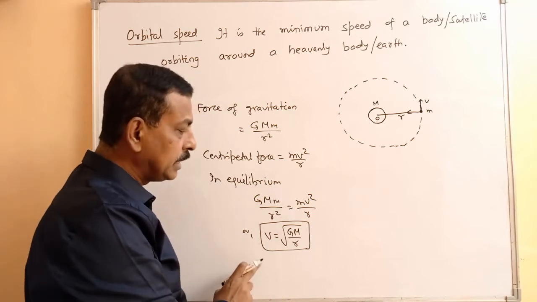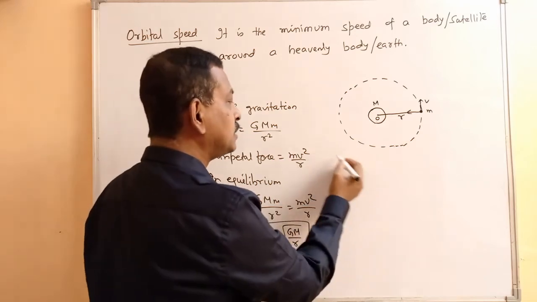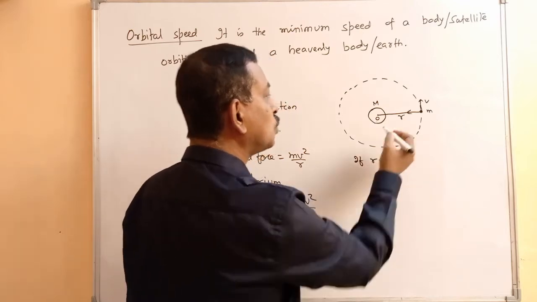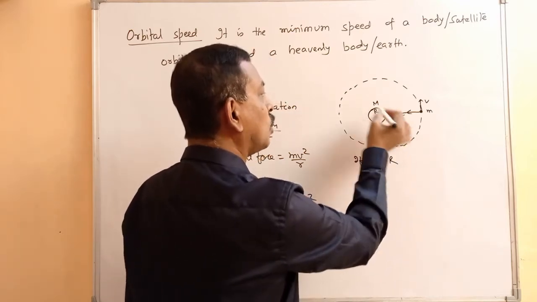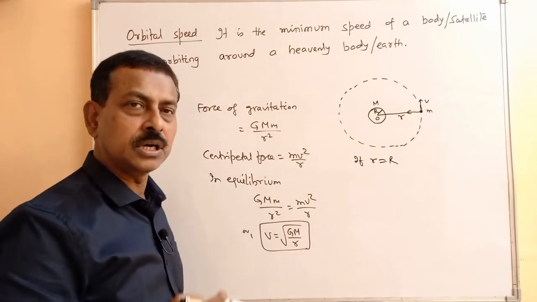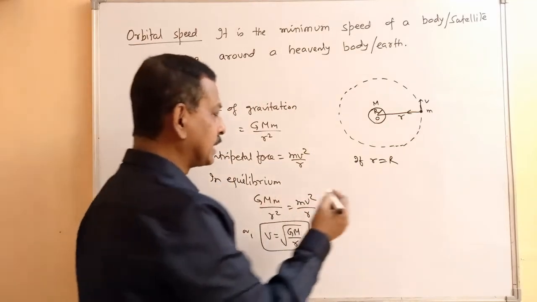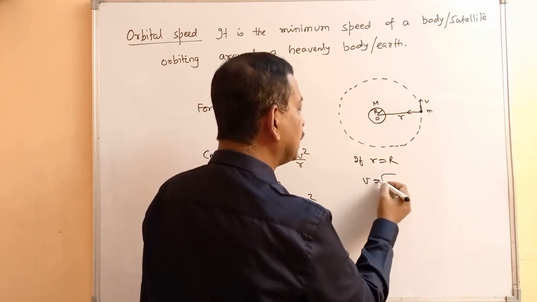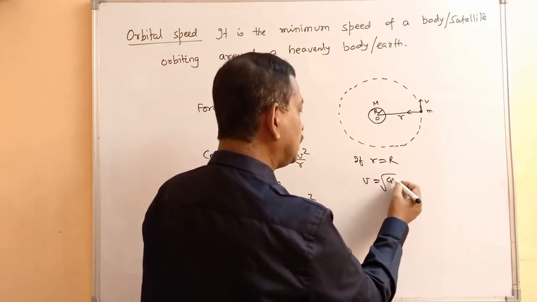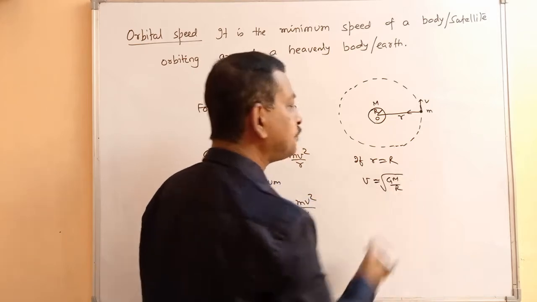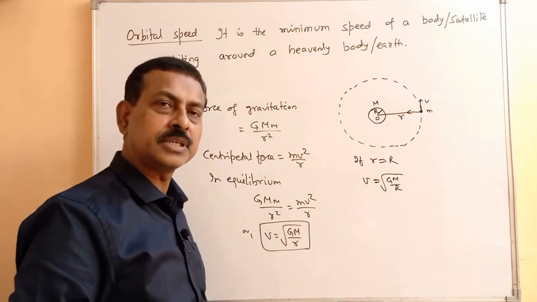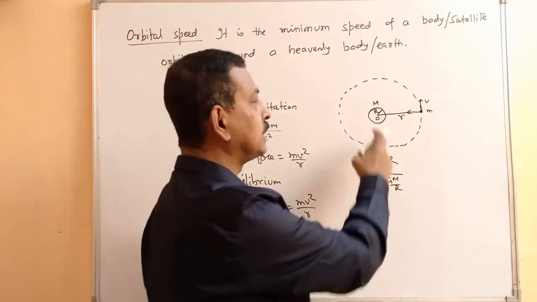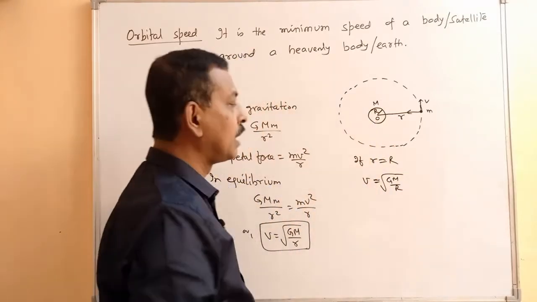Now here, if I assume that this r is nearly equal to capital R, which is the radius of the heavenly body or Earth, then in that case this expression will be nearly equal to root over GM by capital R. So here, this capital R is the radius of the Earth.